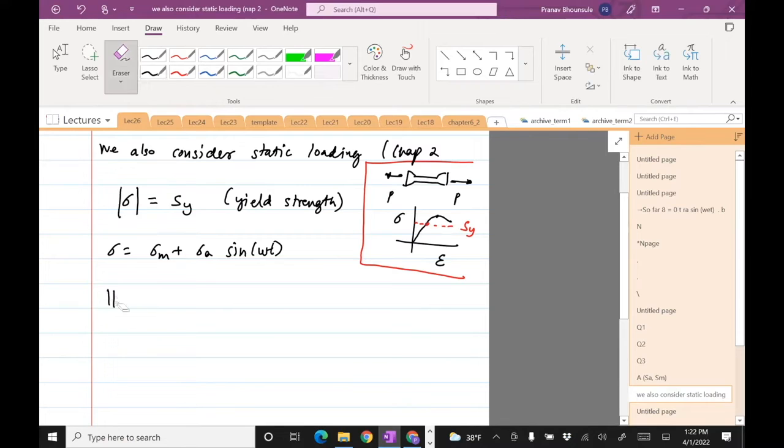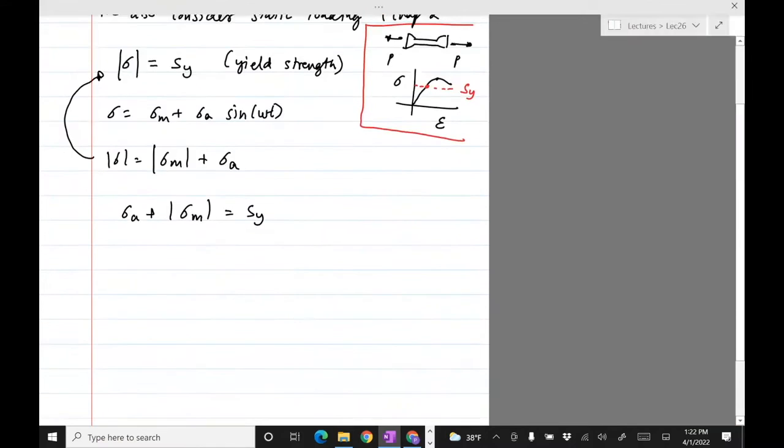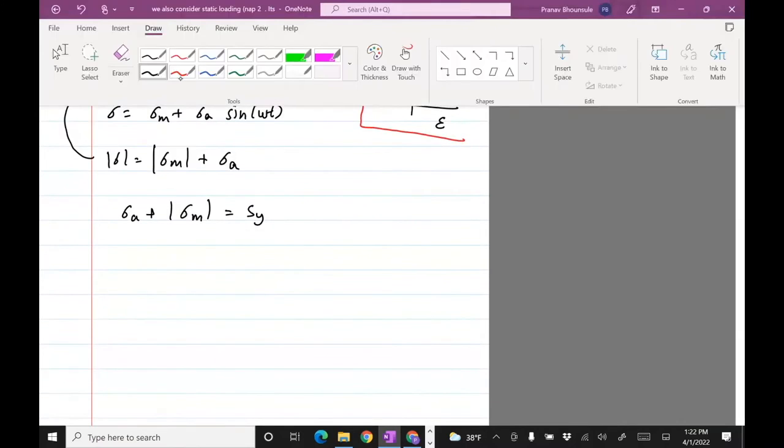So the magnitude is going to be the absolute value of sigma M plus sigma A, because for sigma A there's no meaning in a negative value since it's just the amplitude, but sigma M can have a positive or negative sign depending on the tension or compression region. So we can put this equation here to get sigma A plus the absolute value of sigma M equals Sy. Now, what is this equation? This actually gives us two equations.